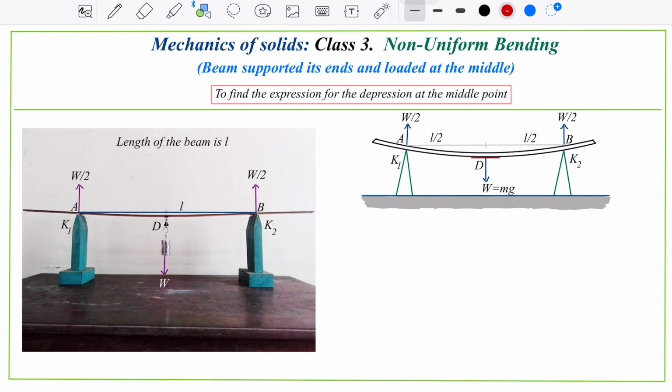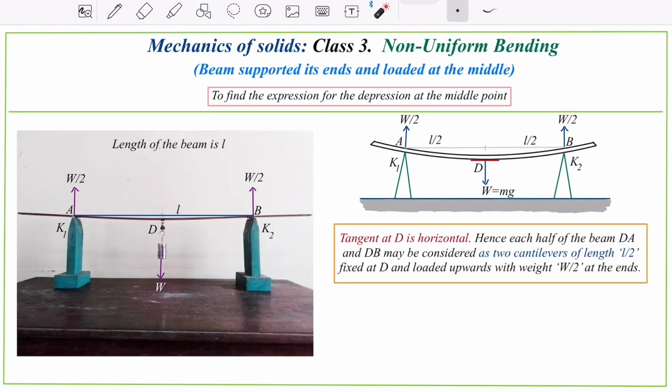Now we can see that because of the symmetry of the bending, the tangent at D is horizontal. I have drawn a tangent at the point D, which is represented as a red line. You can see that the tangent at D is horizontal.